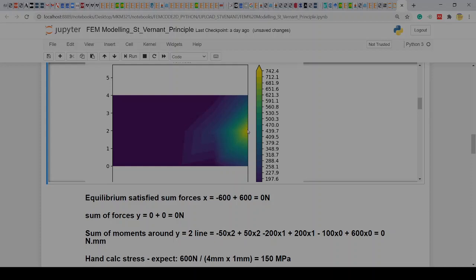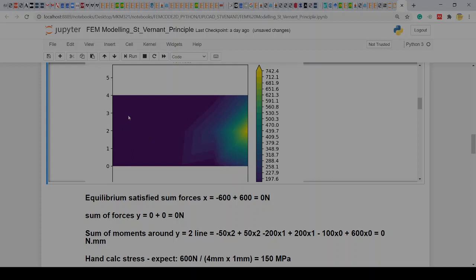Okay, so this is step 1 to understand. Step 2 to understand is that if I were interested in the answer far away from where we applied the load, like here for instance, then I could easily say, fantastic, I would be fairly accurate in the answer, even though we made an approximation. We simplified the way we modeled the distributed load on this right-hand edge.